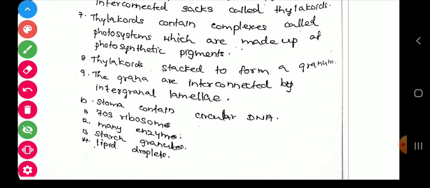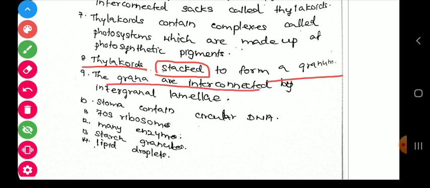Thylakoids are stacked. They pile on each other. Thylakoids are stacked to form a granum. We saw that in the image, right? The grana are interconnected by what? By intergranal lamellae. We saw that earlier, right?